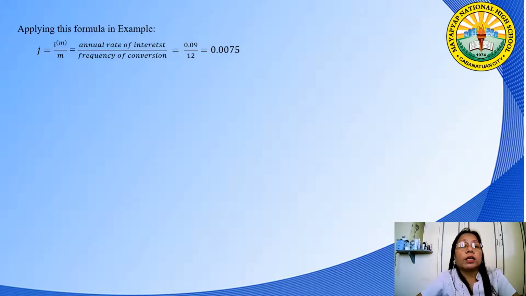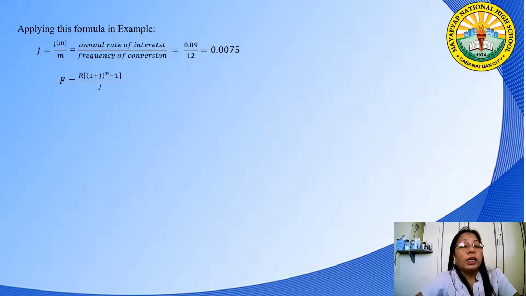The formula for F was derived based on the procedure of accumulating the payment of each period to the end of the term. So F is equal to R times the quantity 1 plus j raised to n minus 1, all over j.